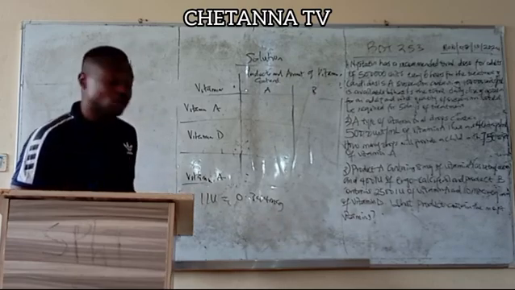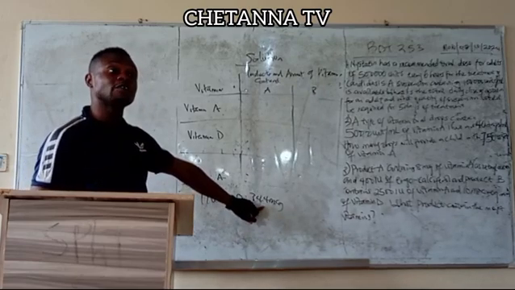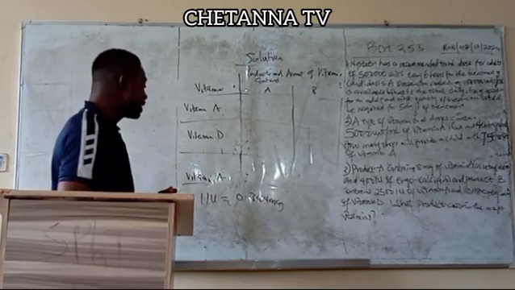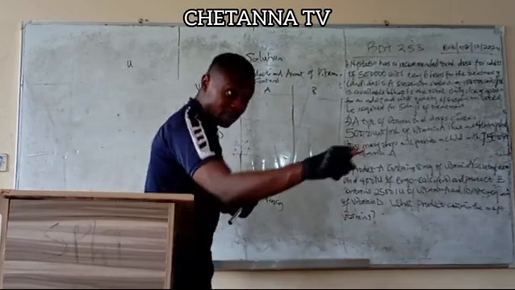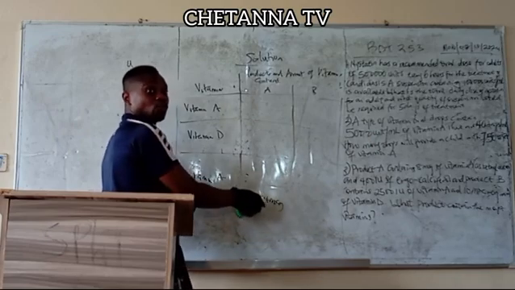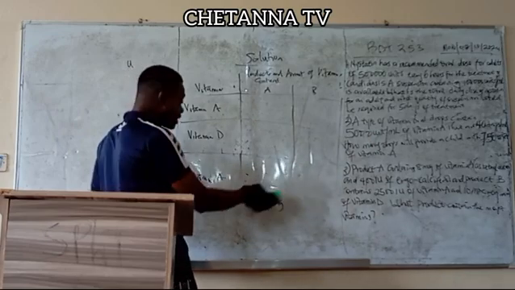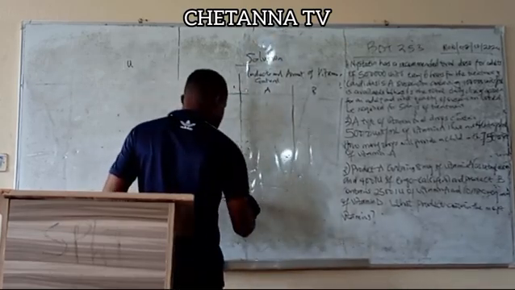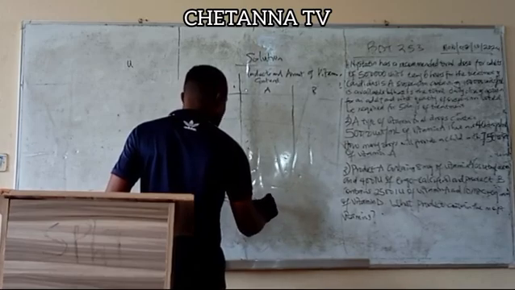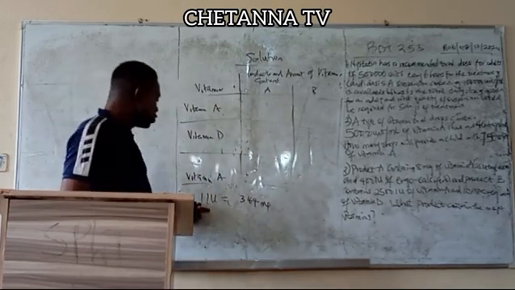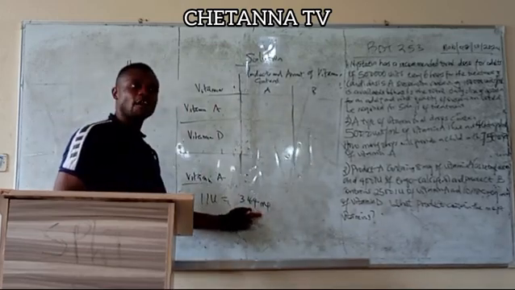So convert this microgram to milligram. That gives times 1,000, right? What's the answer? Let us multiply separately and get our answer. It's 344 milligram. So 1 IU is 344 milligram.